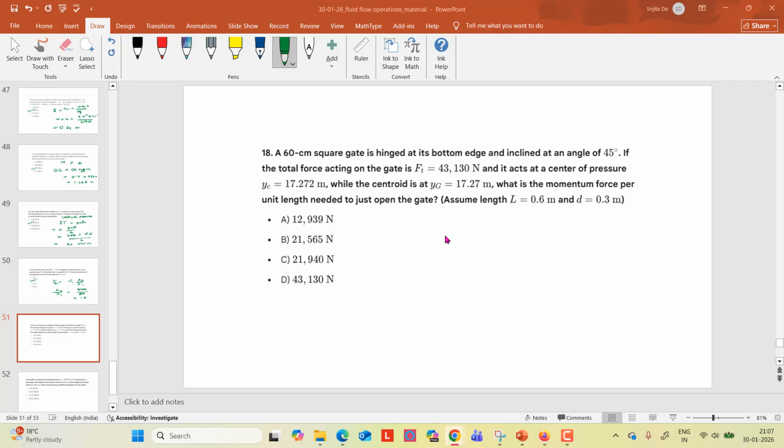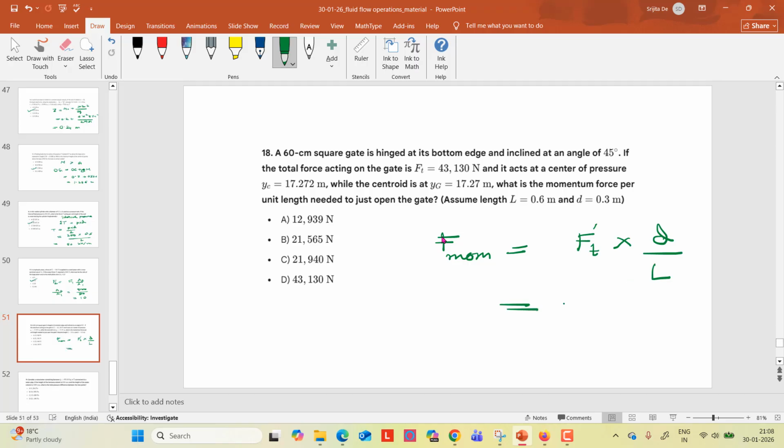So the moment is the total force into its distance by its length.